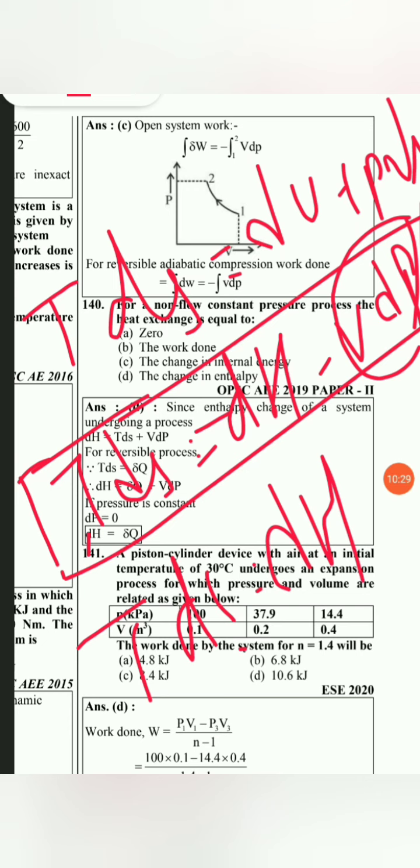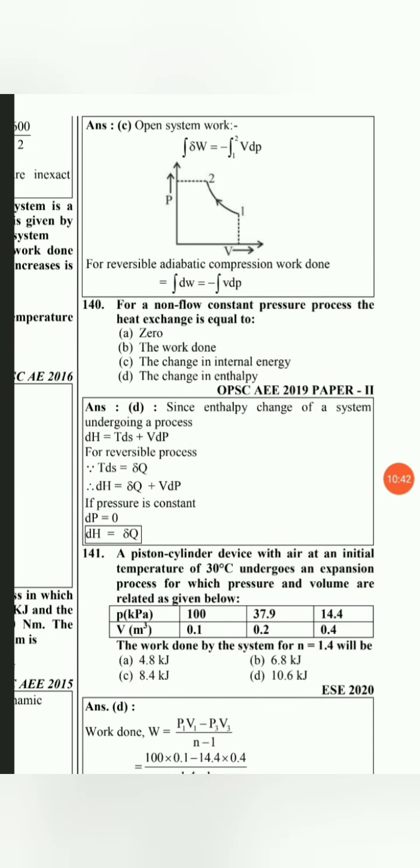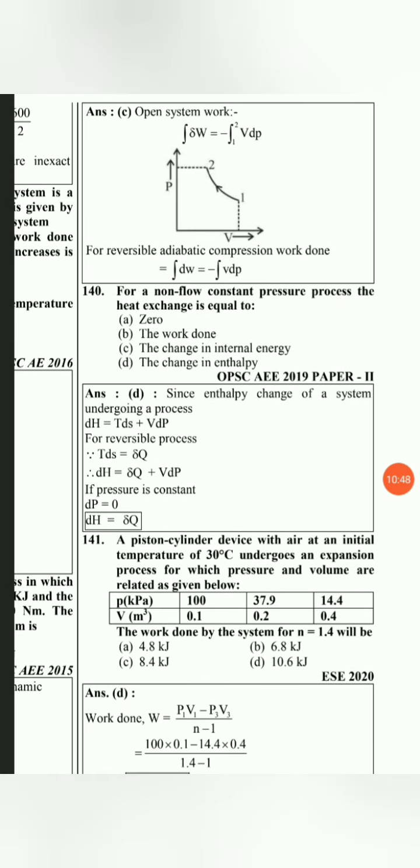As you all know, del Q by T is nothing but dS. So for a non-flow constant pressure process, the heat transfer is equal to the change in enthalpy. So option D will be the right answer. That is only for a constant pressure process.